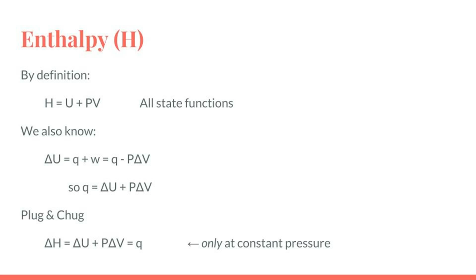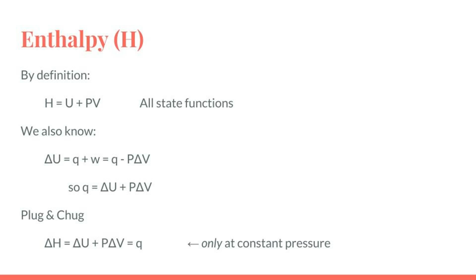But you'll notice over here at the right, I have written that this is only true at constant pressure. That's because I kind of elided a little bit of a shortcut. When I say delta H equals delta U plus, that should be delta PV. Okay, you have to basically track the change in PV as it follows the path, because ordinarily that's a path-dependent function.